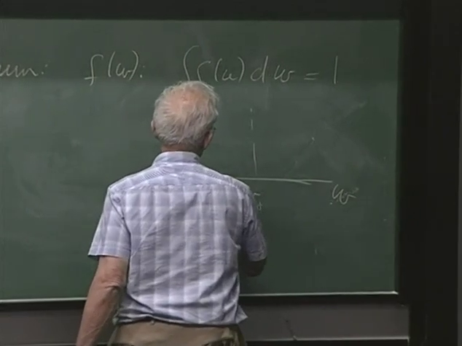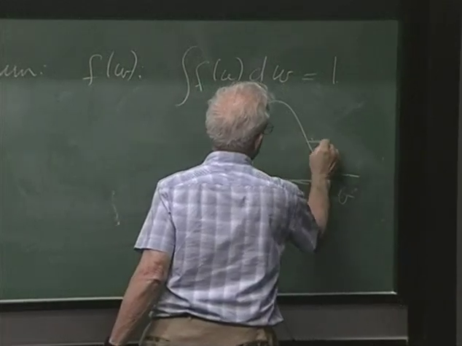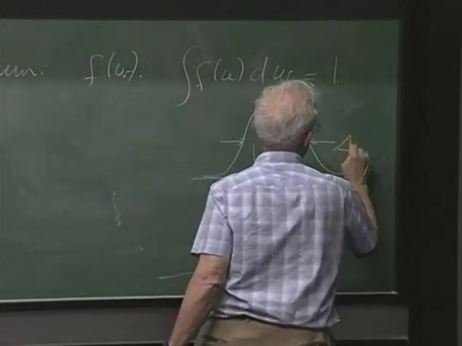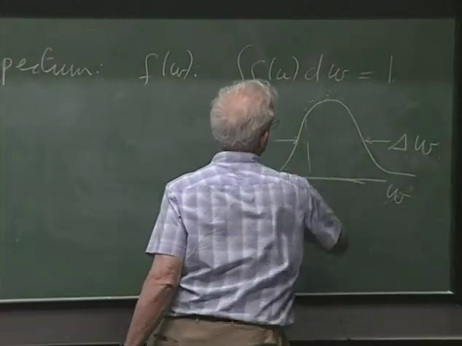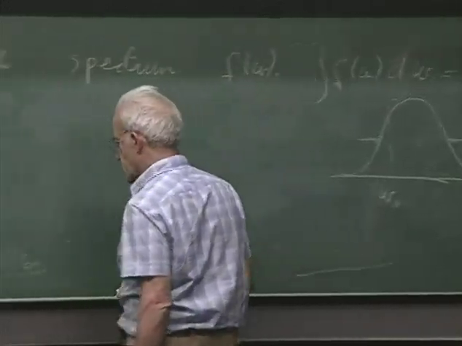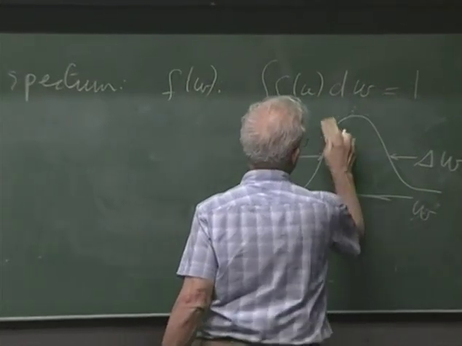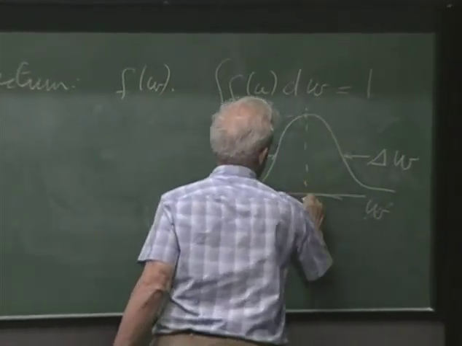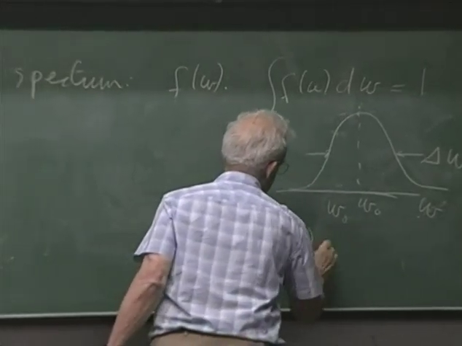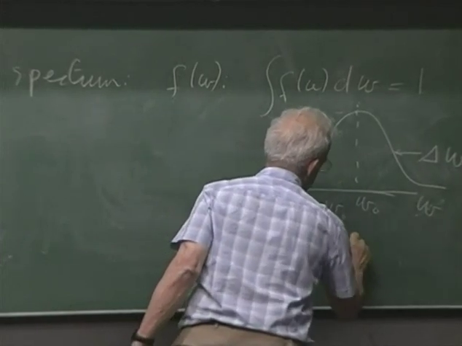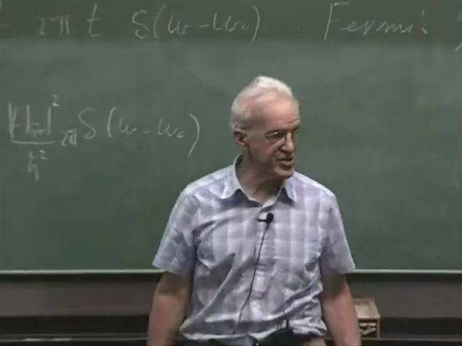The spectrum has some width, Δω, and some height. I drew it off-center just to indicate it can be off-center, but invariably when you use this, you'd like to center your spectrum on ω₀. So f(ω₀) times Δω is equal to 1. That's what we mean by a normalized spectral distribution function.